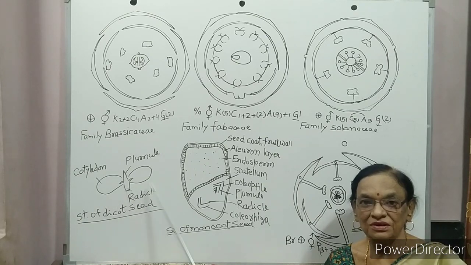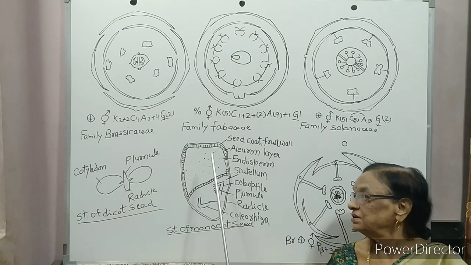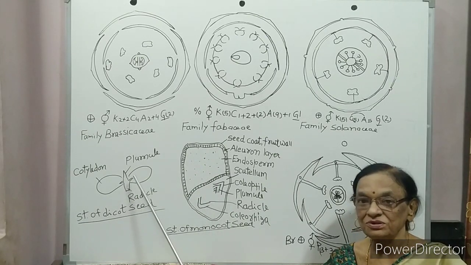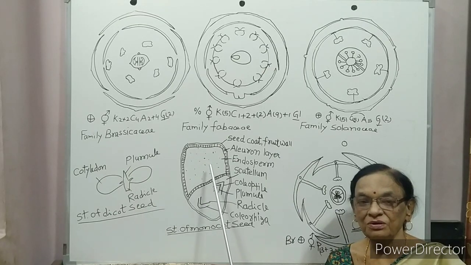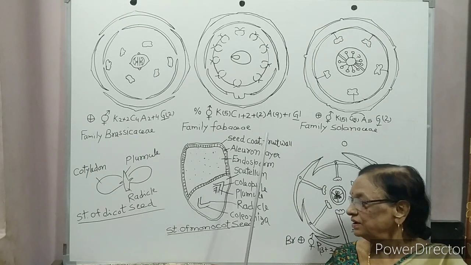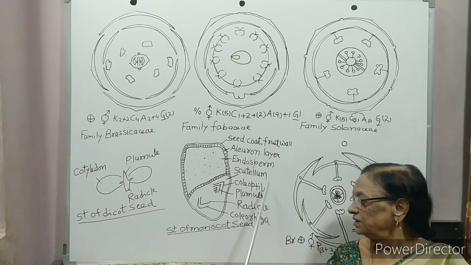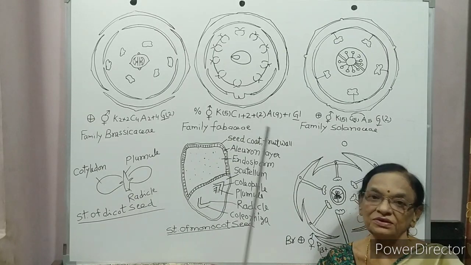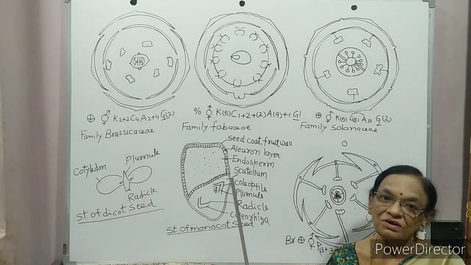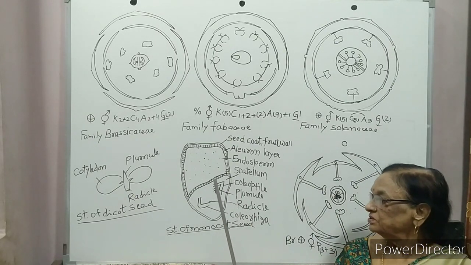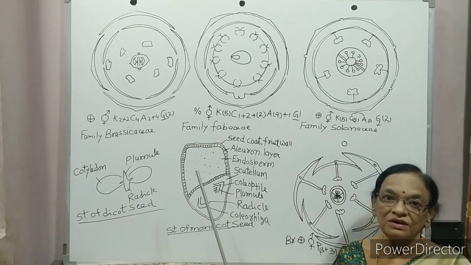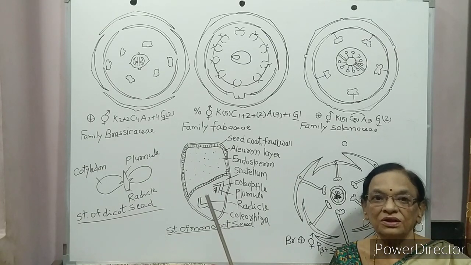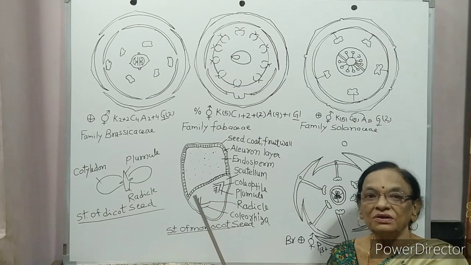Laterally placed, vertically placed. No endosperm, endosperm present. And coleoptile, coleorhiza, the protective sheath, is present in monocot. It is absent in dicot seed. So this is the structure of monocot and dicot seed.